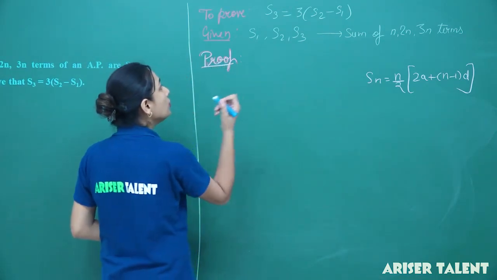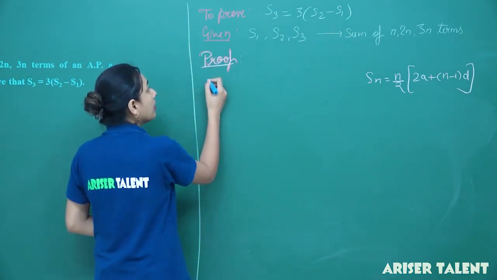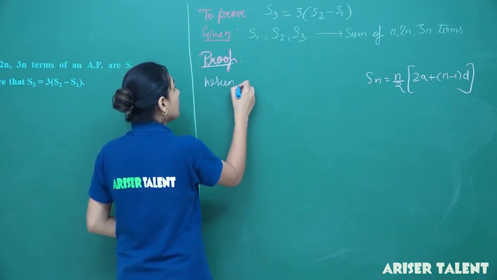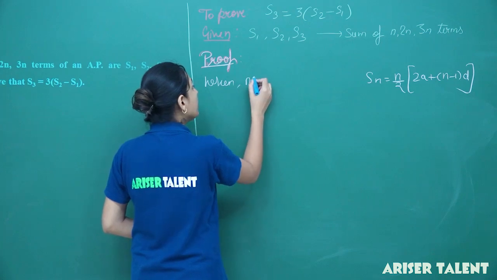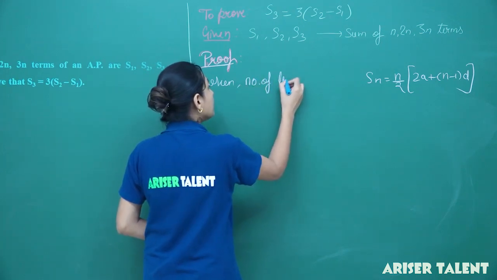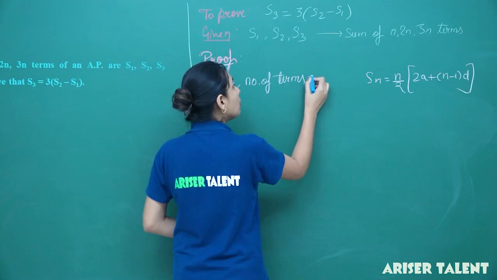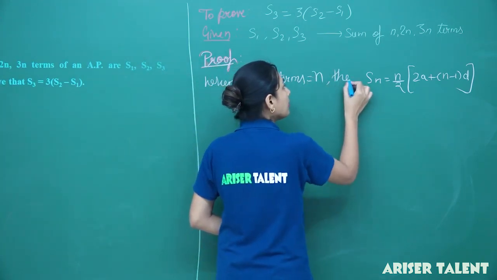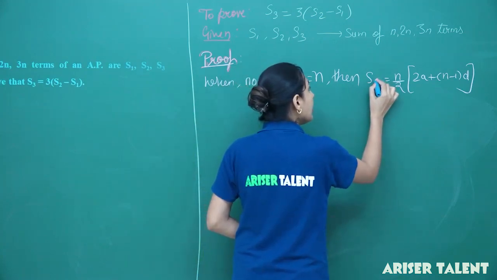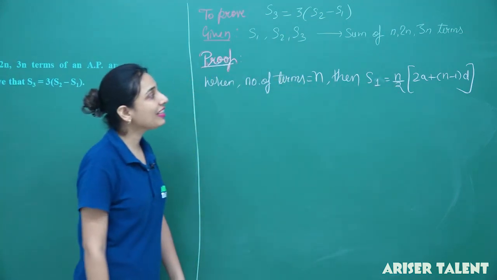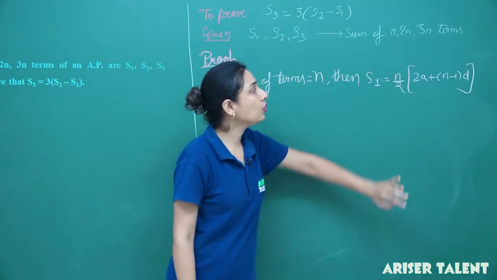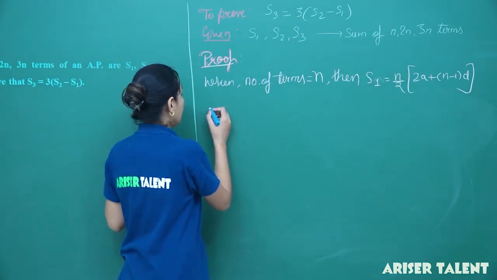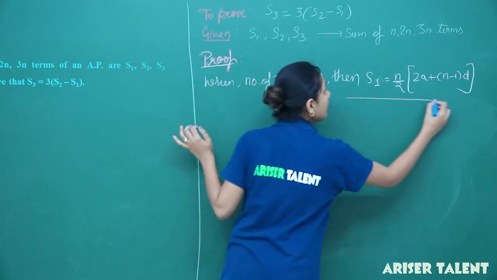Okay students. So now when the number of terms equals n, this will become S1. S1 equals n by 2 times (2a plus (n minus 1) d). We call this equation 1.